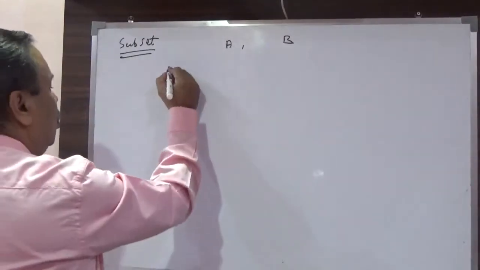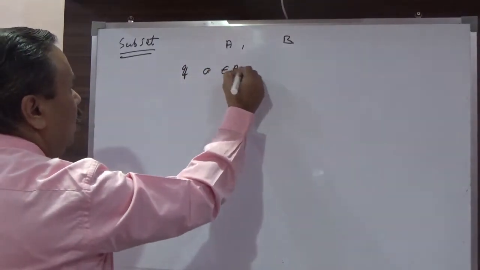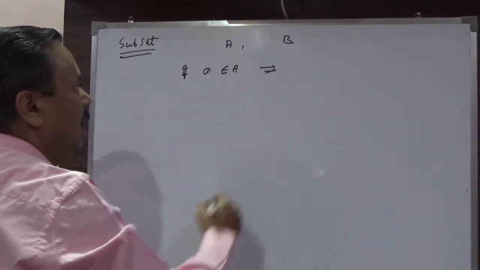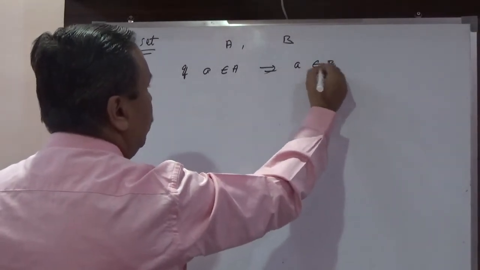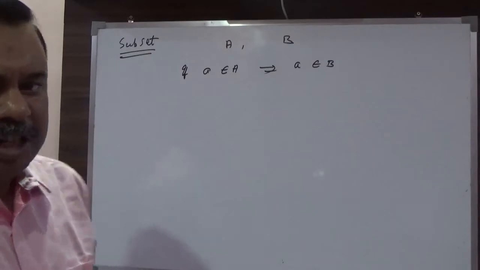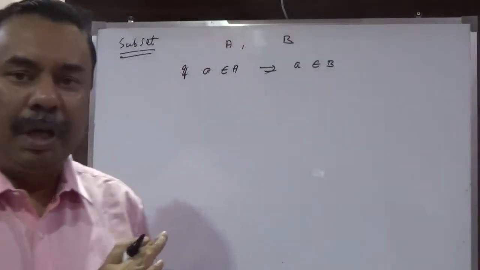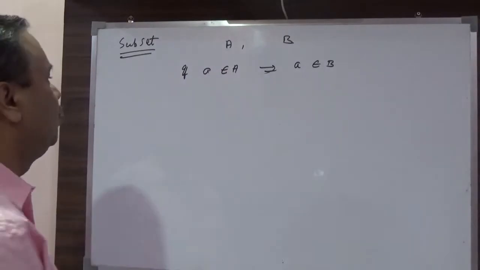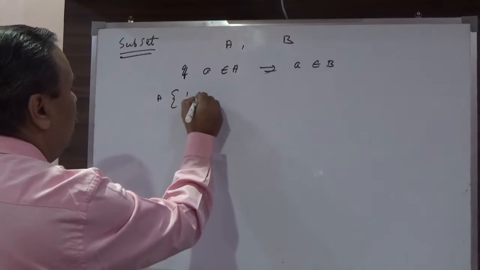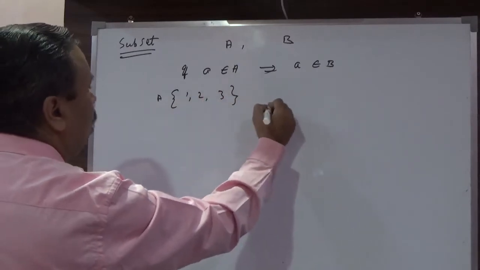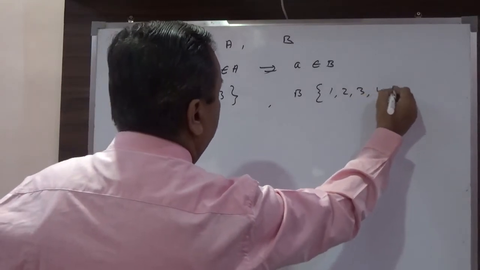I will say only one thing, that if there is an element a belonging to A, this implies that a is belonging to B. Vice versa, I am not taking. That means, suppose that A is 1, 2, 3 and B is 1, 2, 3, 4, 5.